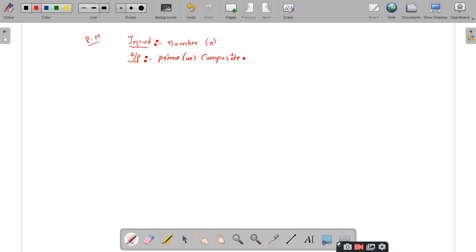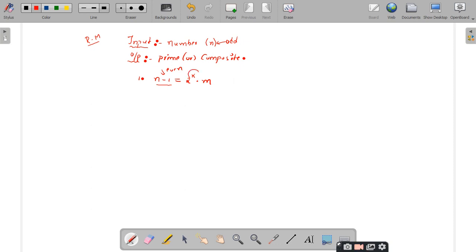So let us have a quick recap of this Miller-Rabin test, where we will assume that the given number is n, and the first step is we take n minus 1. Why? Because n is an odd number and this n minus 1 becomes even, and we factorize this n minus 1 into powers of 2, right? So we will get something like 2 power k into m, where m is odd and k is the power, right?